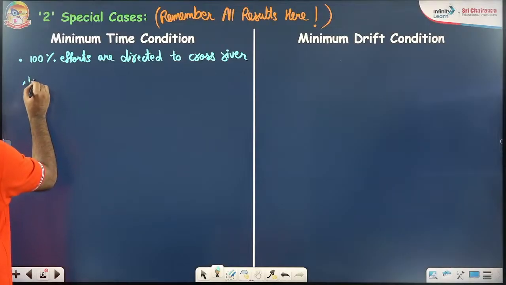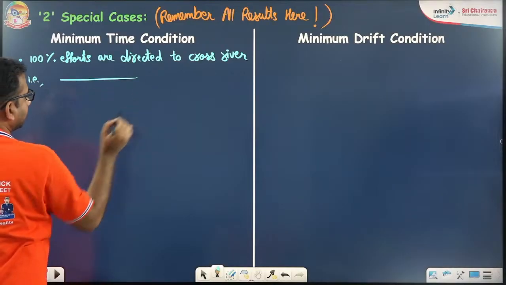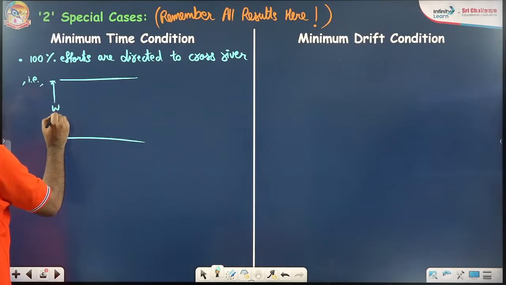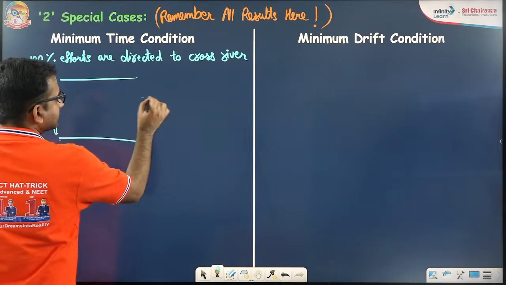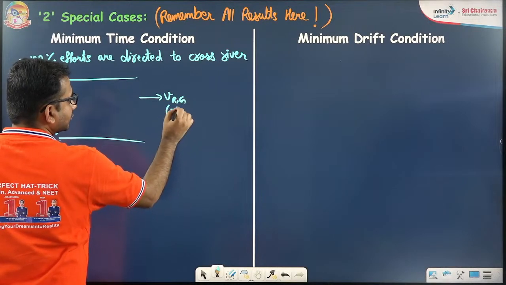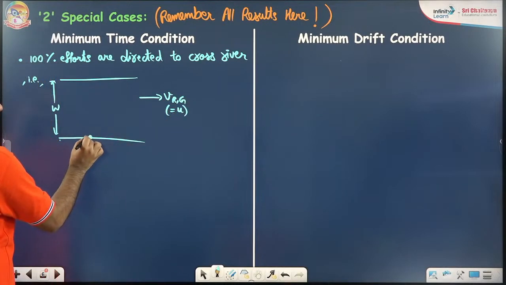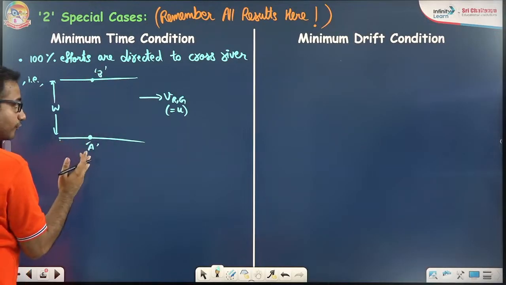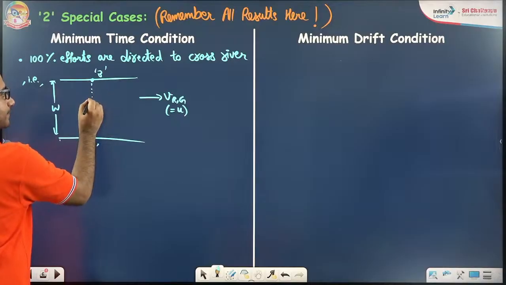That is, diagrammatically, if I try to explain this, you will say this is the river, this is W over here, and this is the velocity of river with respect to ground, that is U. If you want to put 100% efforts to cross the river, then where should you move? You should obviously move in order to cross.